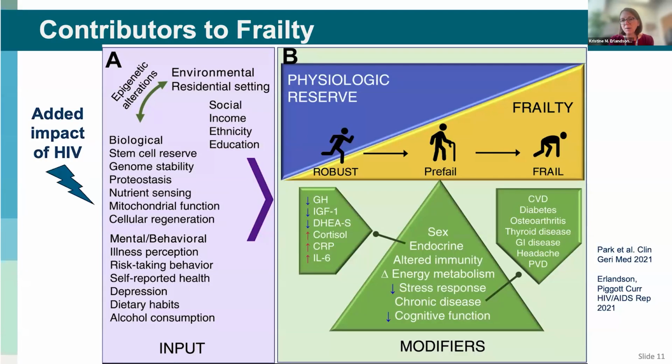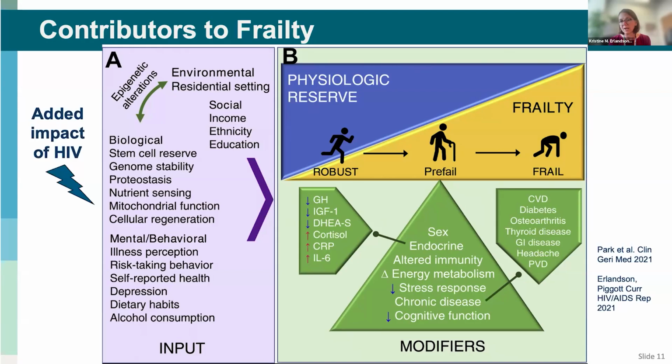I'll just briefly talk about some of the factors that we think may increase the risk of frailty, many of which were covered in the earlier talk by Dr. Corley when we think of some of these hallmarks of aging. We also know there's a lot of mental, behavioral, and risk factors that can contribute to frailty, such as physical activity, substance use, depression.